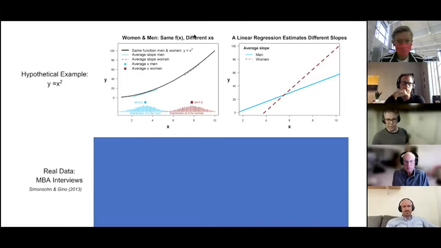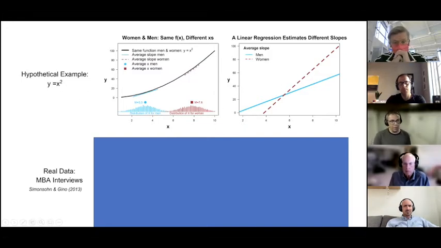This is a function of work experience. When you fit a linear regression to this curve, there's a missing term, the non-linearity of the x. Sorry, in this case, just the non-linearity of the x. And that's being picked up by the interaction. Why is that? Because it's saying, oh, women have higher x values, and because they have higher x values, they have a steeper line.